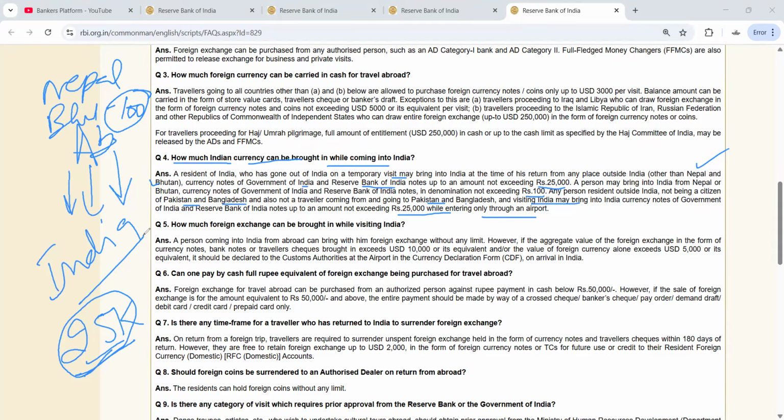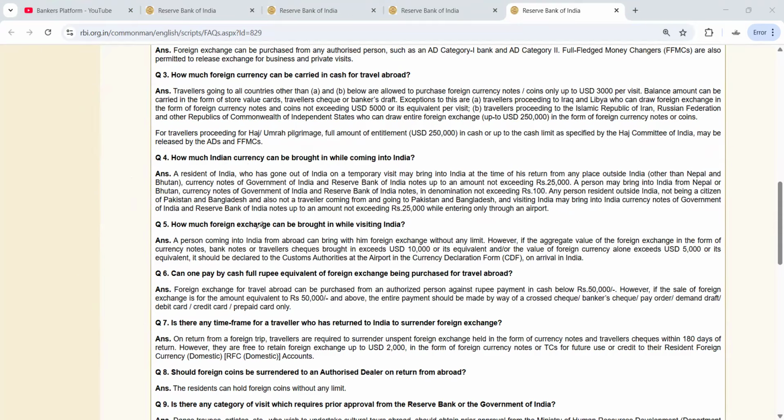Okay, let's see next. How much foreign exchange can be brought in while visiting India? Okay, so while visiting India, how much can they bring? This was for coming into India. This is only for visiting purposes. So a person coming into India from abroad can bring with him foreign exchange without any limit.